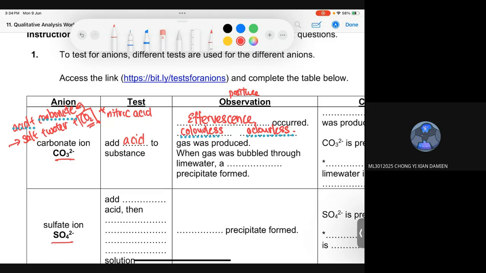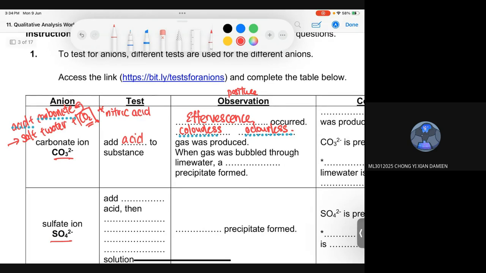Because you add acid, you know that carbon dioxide gas is going to be evolved, right? So I'll prepare my lime water and let the gas bubble into it. Think of this as my carbonate plus acid. I'm going to put a stopper here and deliver this into my lime water. Sorry for the ugly drawing.